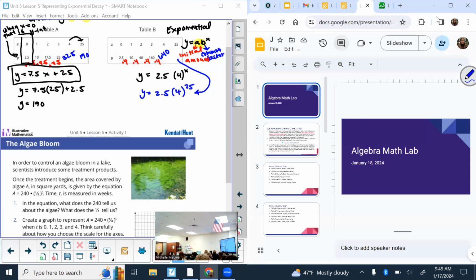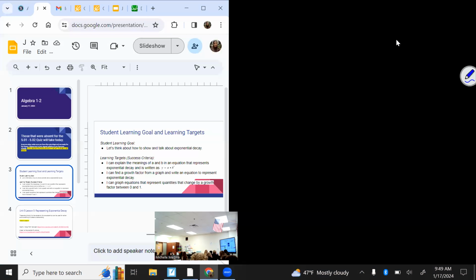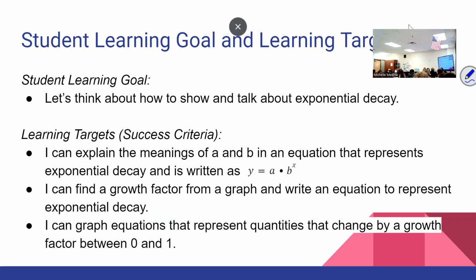All right, so it's a lot of repetition of things we've already talked about. So try to start ingraining it in your memory. It'll make your life a lot easier for geometry and algebra 3-4. But today we're still continuing to explore exponential decay.